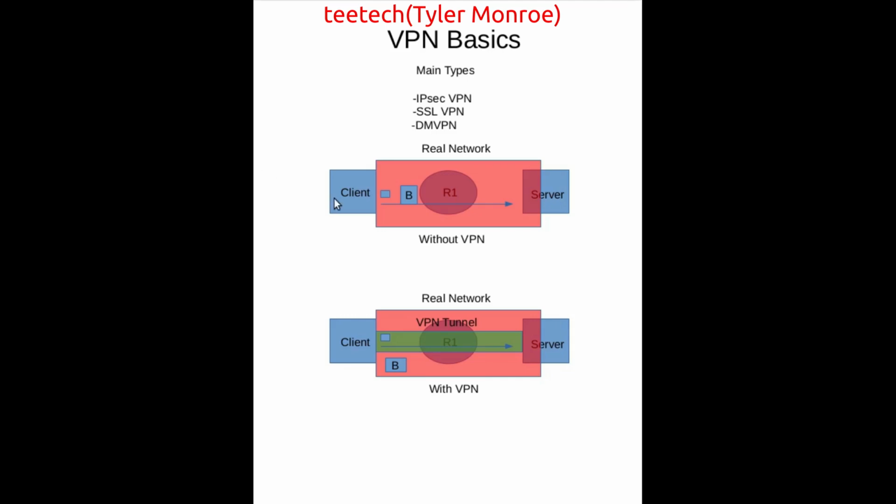Well, normally, without a VPN, we have our client, and that's our computer. And the red is representing the network we are connecting through. Okay? So this is anything, a coffee shop, a hotel, etc. The idea is when we send packets without a VPN, we're sending them directly over the network we're connecting to.